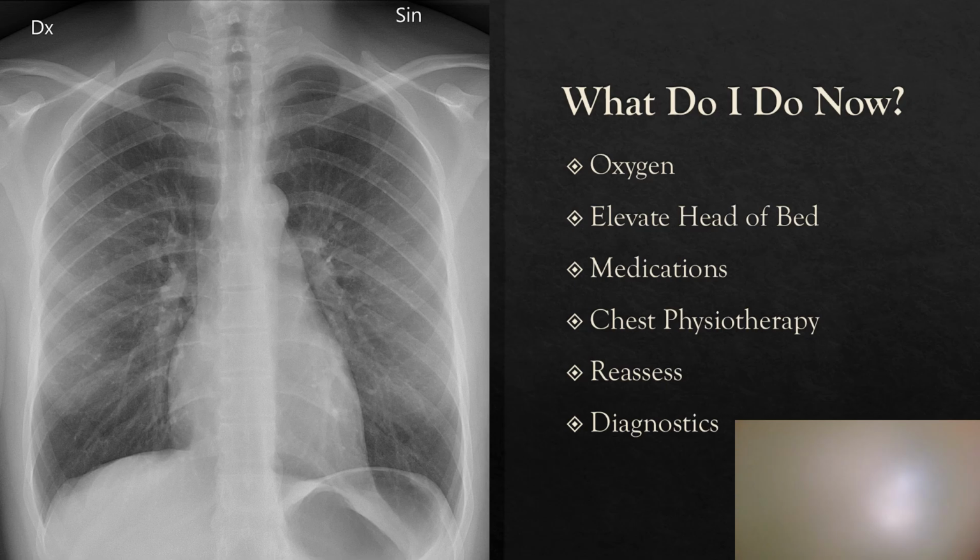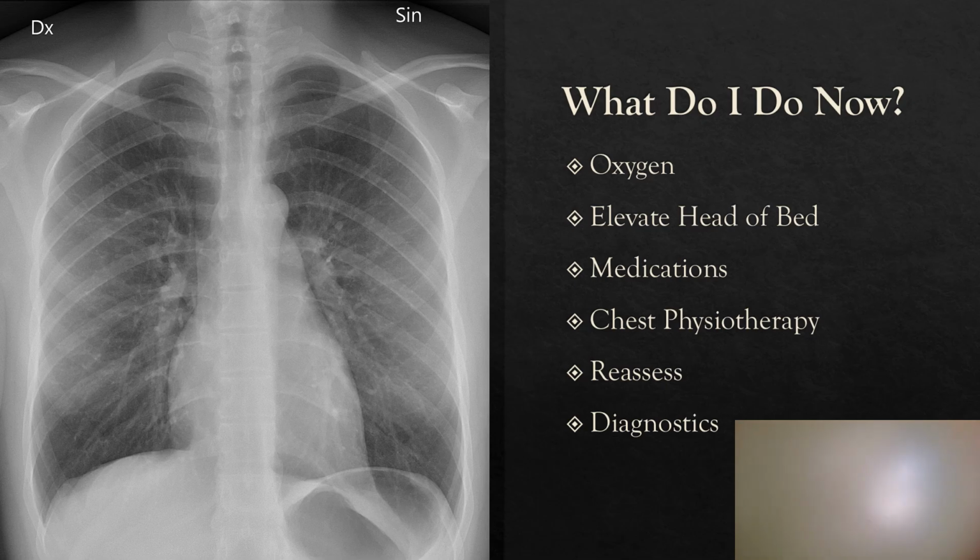Elevate the head of the bed. Most people who have respiratory issues are unable to breathe when they're lying down. They need to be in an elevated position. We may administer medications orally, IV. We may give it through an inhaler or a nebulizer. Chest physiotherapy.